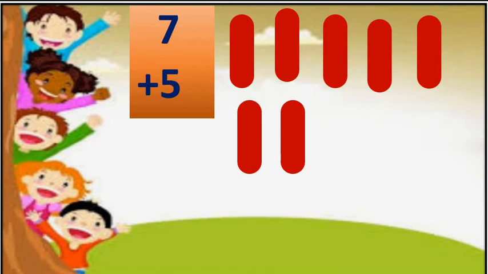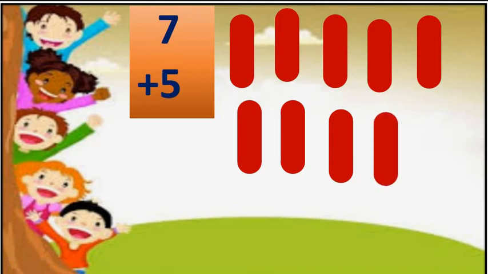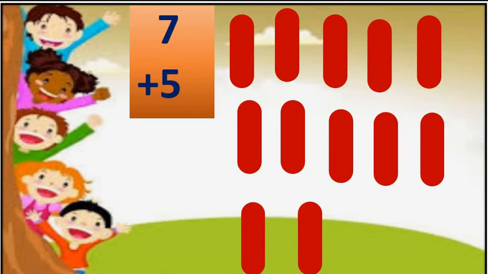New sum is 7 plus 5. Here we have 7 objects and going to add 5 more to it. 1, 2, 3, 4, 5. Completed.